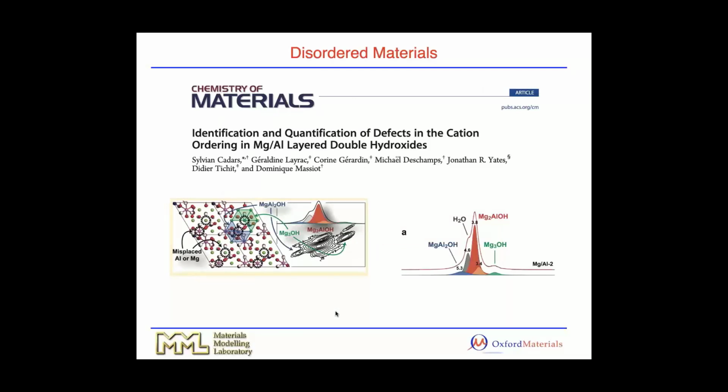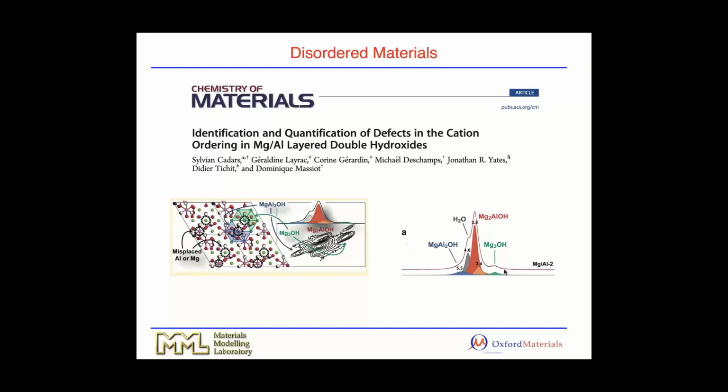If I change gears, this was a study with a group in Orléans, where we were trying to examine disorder in some layered double hydroxides. So we were looking at typically hydrogen NMR spectra in these layered materials, and trying to quantify.